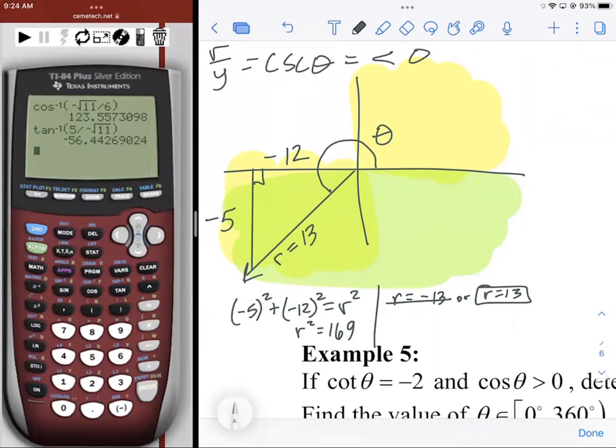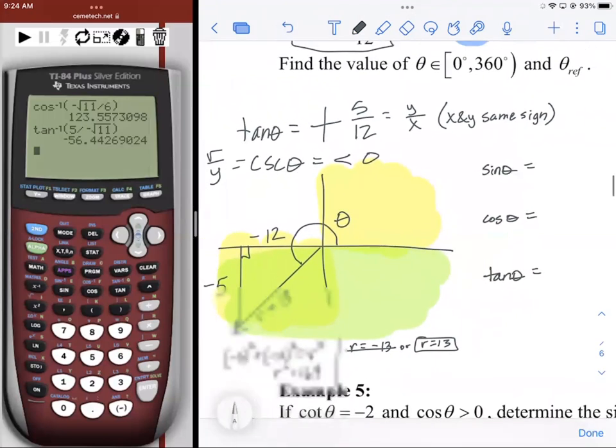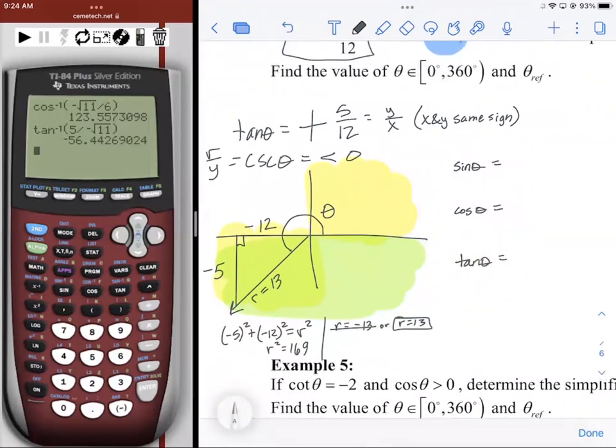All right. So now that we have all three sides, it's time to list the trig ratios. We'll do SOHCAHTOA: sine of theta, cosine of theta, tangent of theta. If you want to write the definitions in terms of X, Y, and R like we did on the first one, you can. I'm just going to skip that. We'll pull the ratios from the triangle. Sine is y over r, that's -5 over 13.